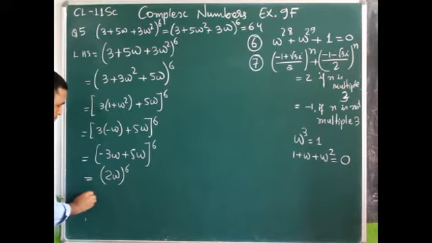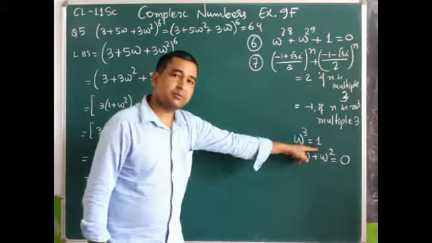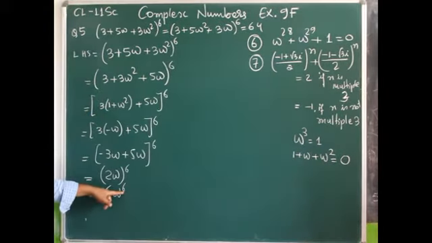Now separate the power: 2 to the power 6, omega to the power 6. Omega cube is 1, so let's make the power a multiple of 3.